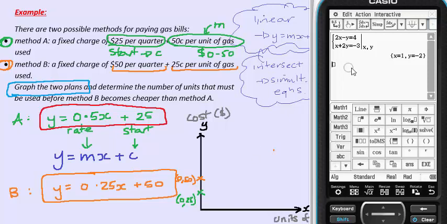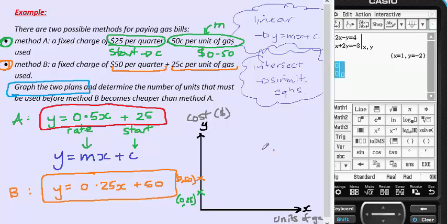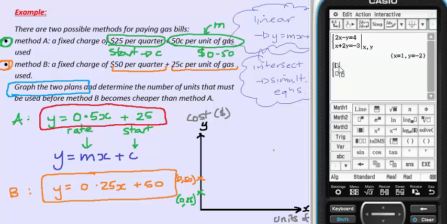So I'm going to go to my simultaneous equations function. Remember, I'm in Maths 1 and I go to this curly bracket with the 2 rectangles. Now, I click go and I'll enter my equations here. Y equals 0.5x plus 25, and the other one will be y equals 0.25x plus 50.